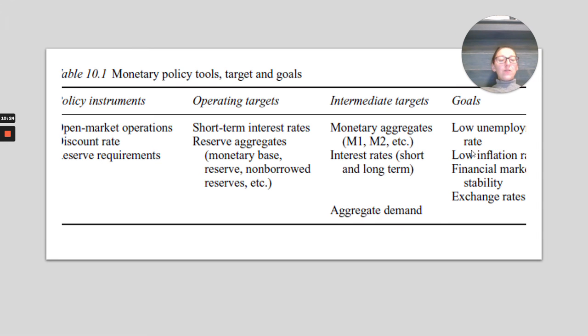So if it wants to achieve lower inflation, it needs to change the aggregate demand, and it can do that by changing interest rates. And changing interest rates might be done by three instruments: open market operations, discount rate, or reserve requirement.